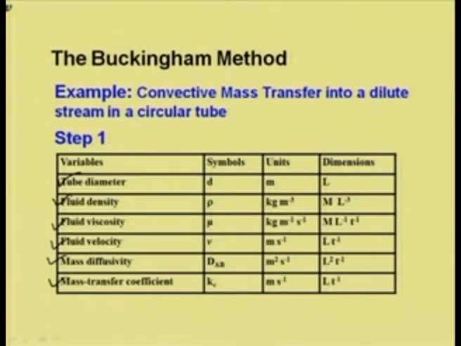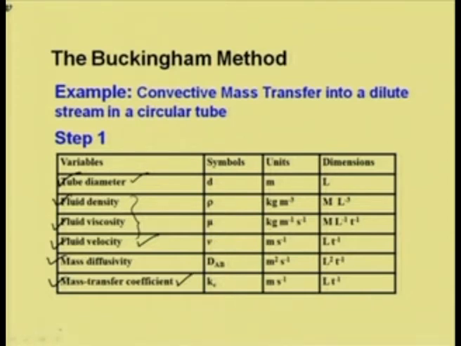So, these are the variables which incorporate the system geometry, which is diameter, and then fluid properties, density, viscosity, and flow properties, and the other primary quantity, that is mass transfer coefficient.